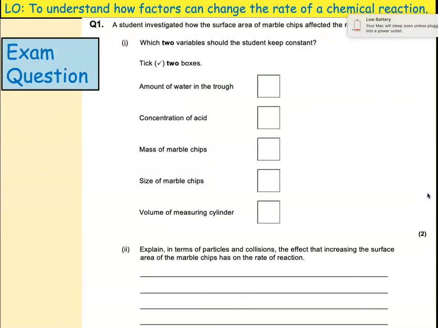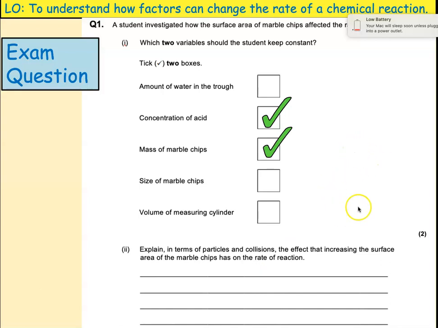Right, this is actually taken straight from a past paper. Which 2 variables should the student keep constant? Right, they should keep constant the concentration and the mass.